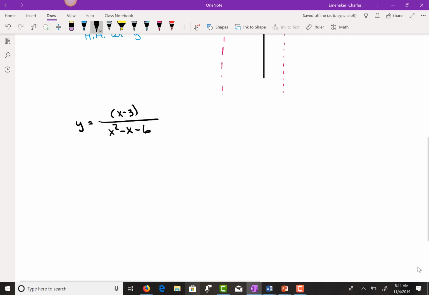Well, first thing to do is to go ahead and factor the denominator, and that denominator factors into x minus 3 times x plus 2, doesn't it? Okay. These x minus 3's cancel. That removes one of your vertical asymptotes, doesn't it? Okay. And what you wind up with is the function 1 over x plus 2, leaving you with a vertical asymptote only at x equals -2.